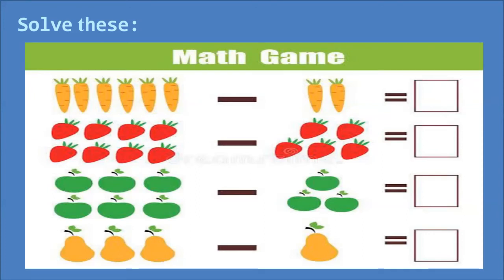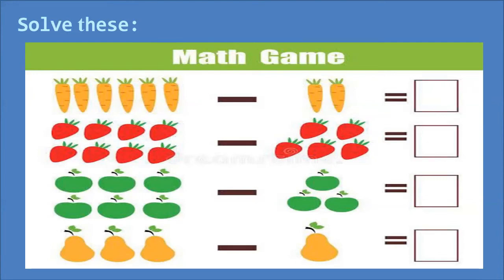Very good. Oh wow, here are some strawberries also. Let's count how many strawberries are there. 1, 2, 3, 4, 5, 6, 7, 8. Wow, here are 8 strawberries.